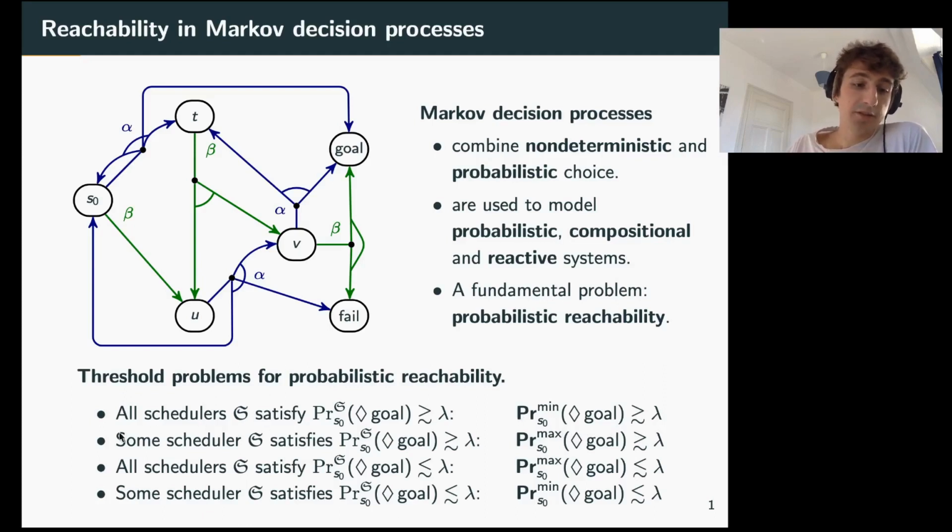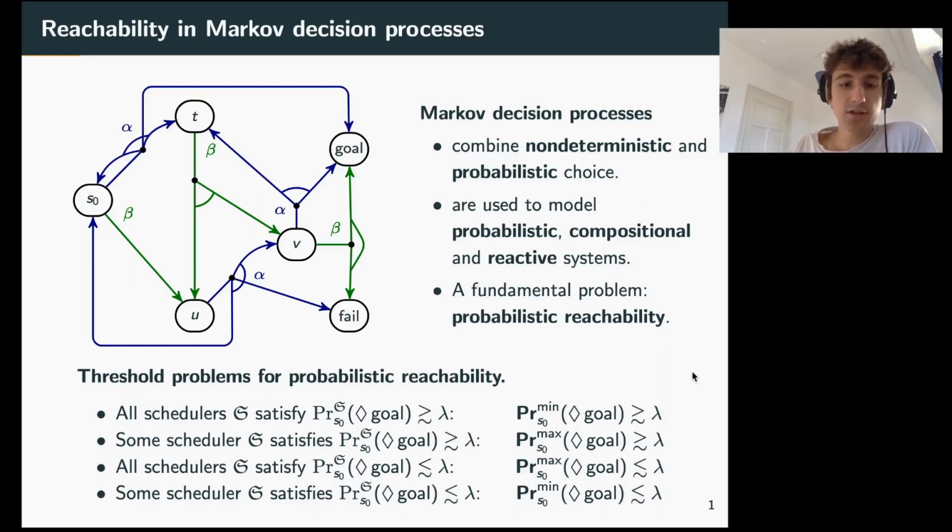Or is it true that some scheduler satisfies this? So for some scheduler the probability is greater lambda, and this would be equivalent to the statement the maximal probability of reaching goal is greater or greater equal to lambda. And then we have the same two variants for the upper bounded thresholds.